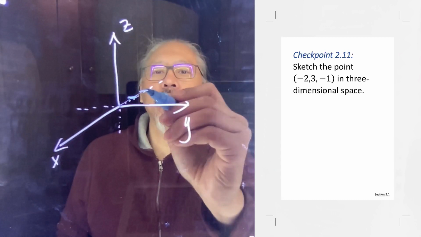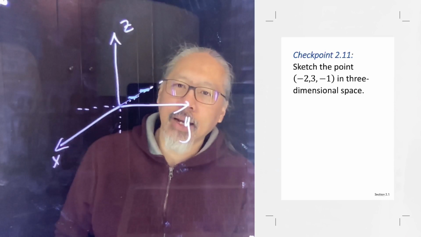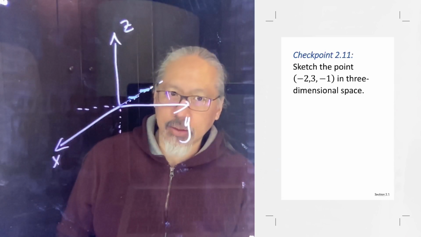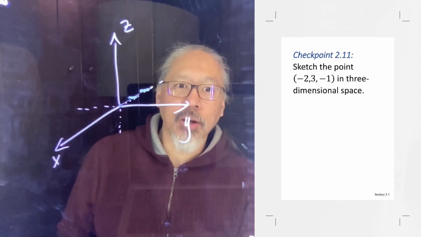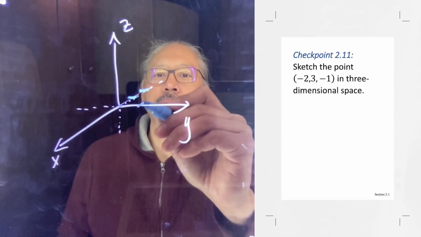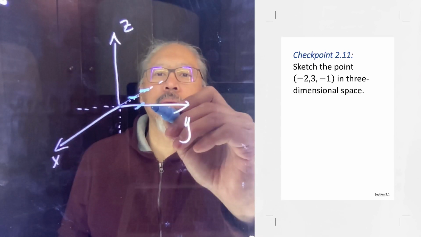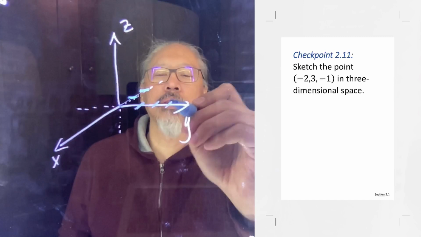1, 2, and I'm drawing the tick marks kind of parallel to the y-axis, imagining that it's all on the xy plane. The y value is +3. That's 1, that's 2, that's 3.